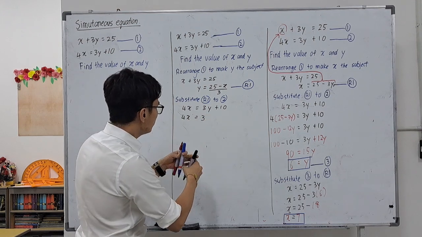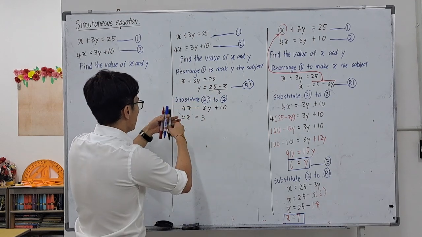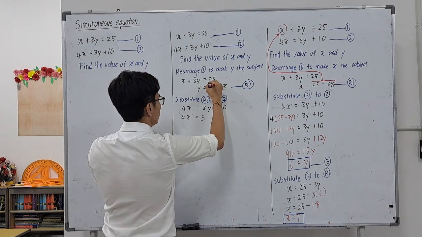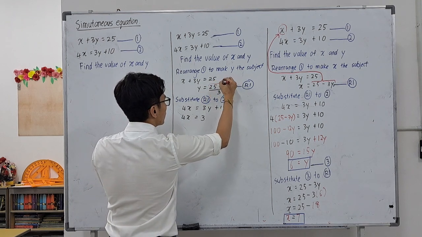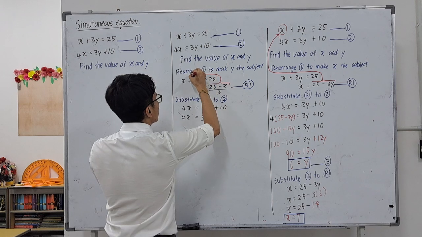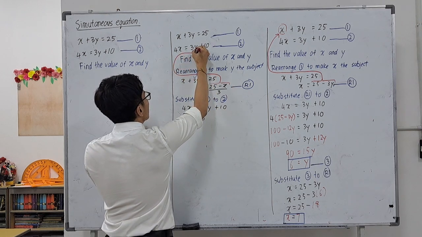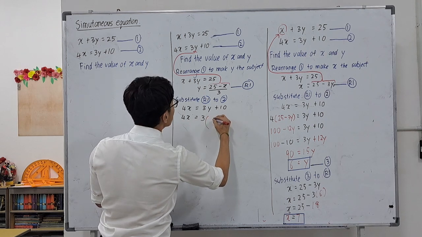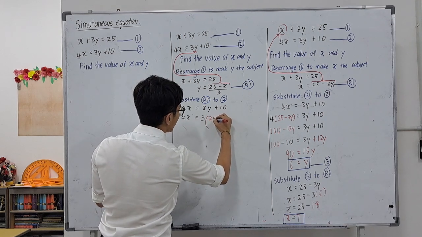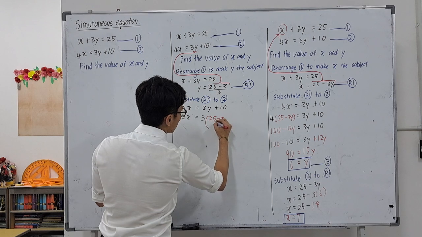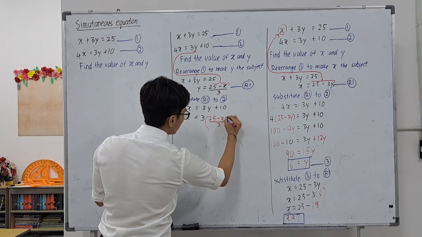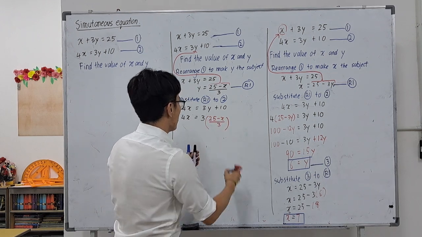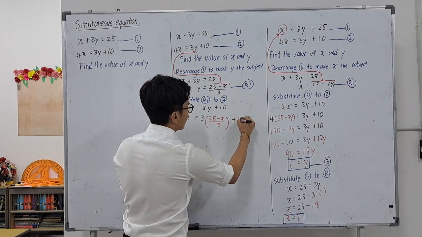My y is going to be this now, because this guy is going to go into here. So this y is going to be a bracket, that's going to be 25 minus x over 3. Close back the bracket. And everything over here is going to be plus 10.